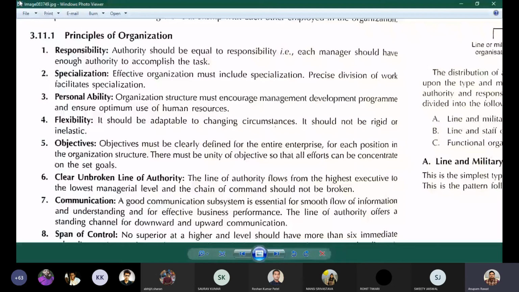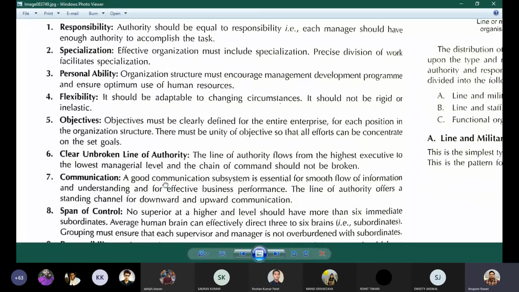Also, the objective must be very clear for any organization. There must be a clear, unbroken line of authority. The line of authority flows from the highest executive to the lowest managerial level, and the chain of command should not be broken. There must be proper communication in the organization for the proper flow of information.